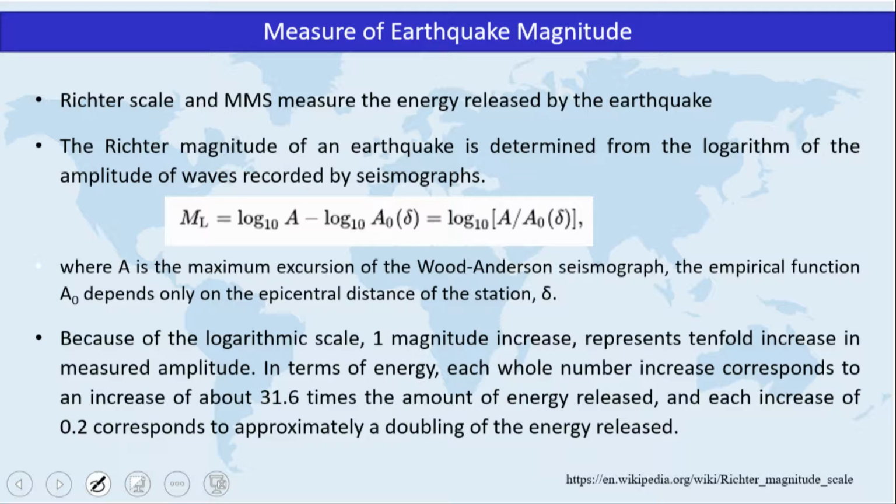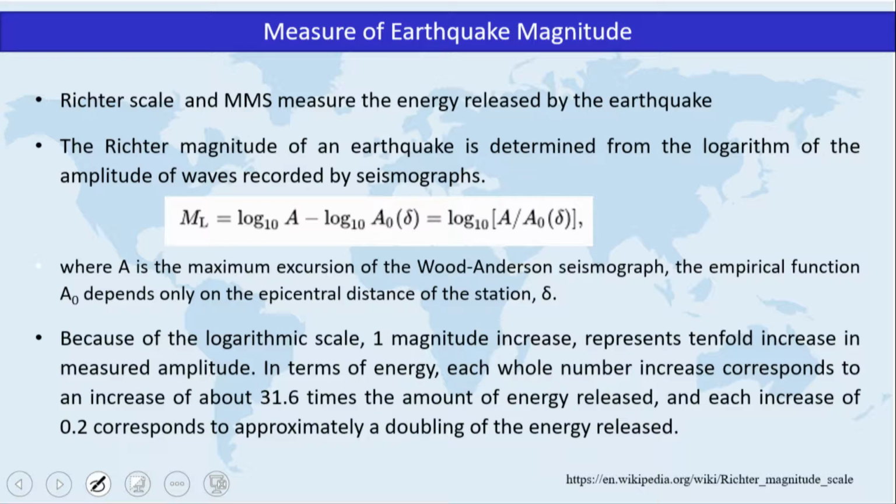In terms of energy, each whole number increase corresponds to an increase of about 31.6 times the energy released, and each increase of 0.2 corresponds to approximately doubling of the energy release.